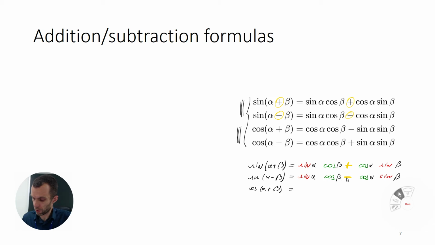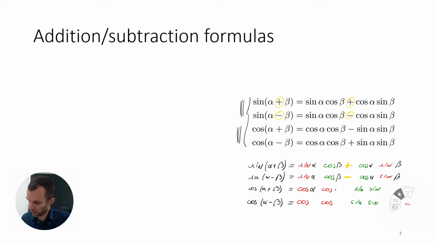And then continuing for cosine. So for cosine, it's always cosine first, so cosine, cosine, and then sine, sine. And it's the same structure for alpha minus beta. So we have cosine, cosine, sine, sine.